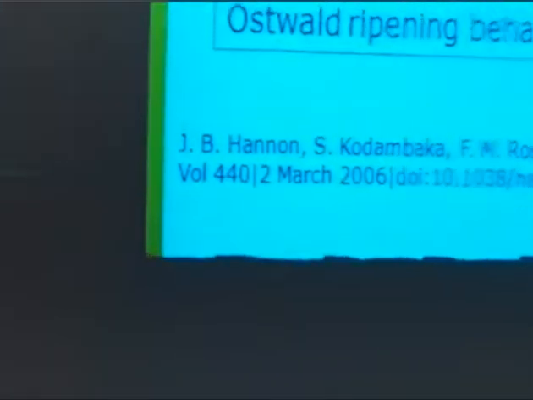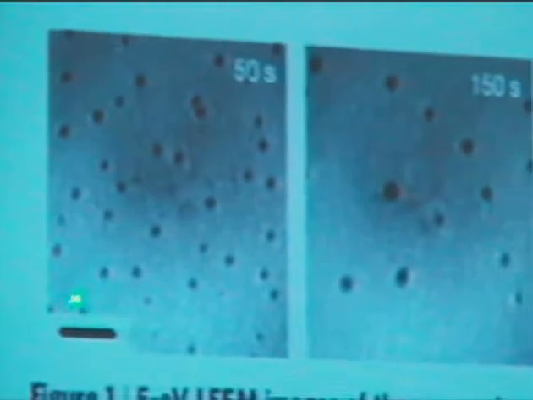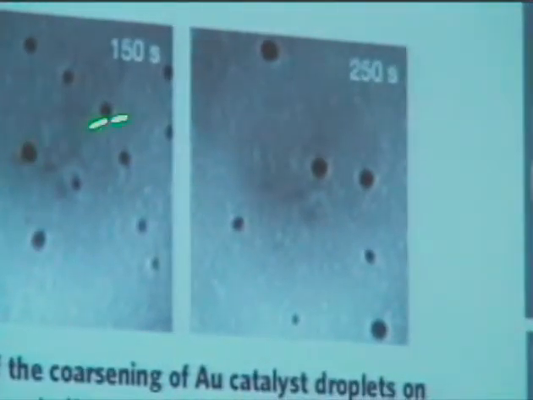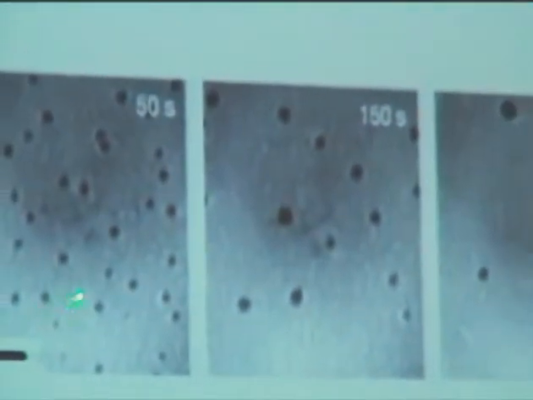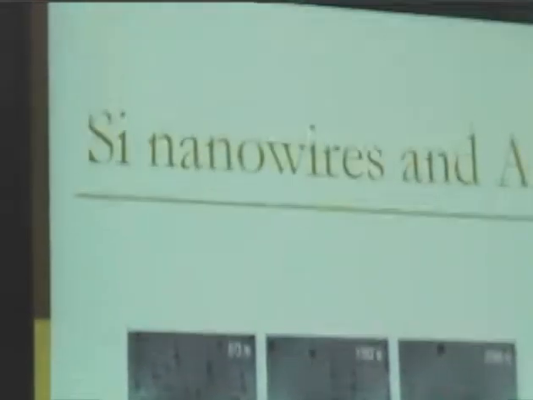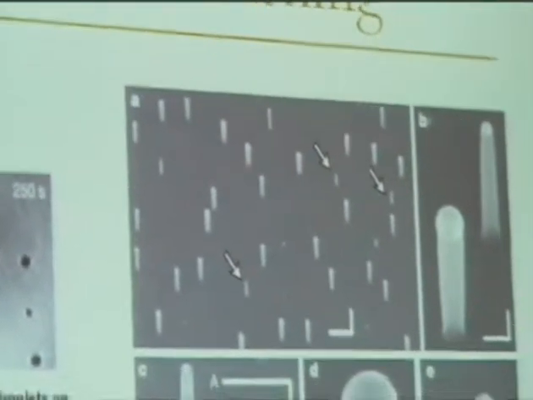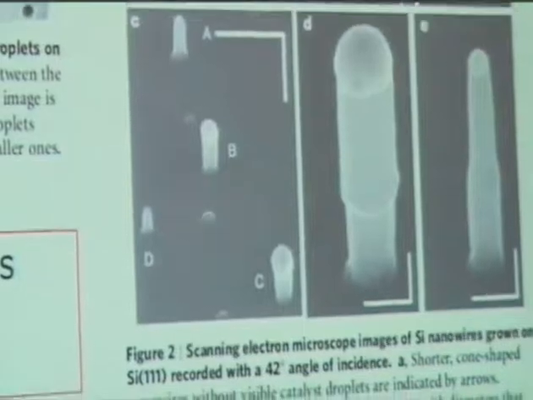Now, just to show you what I'm talking about, this is a system that is catalyzed by gold particles. So it's a formation of silicon nanowires, and this is a classical example of sintering. You can see here the gold droplets, as they are called, growing as a function of time. And the funny thing, that's a catalyst for the growth of silicon nanowires.